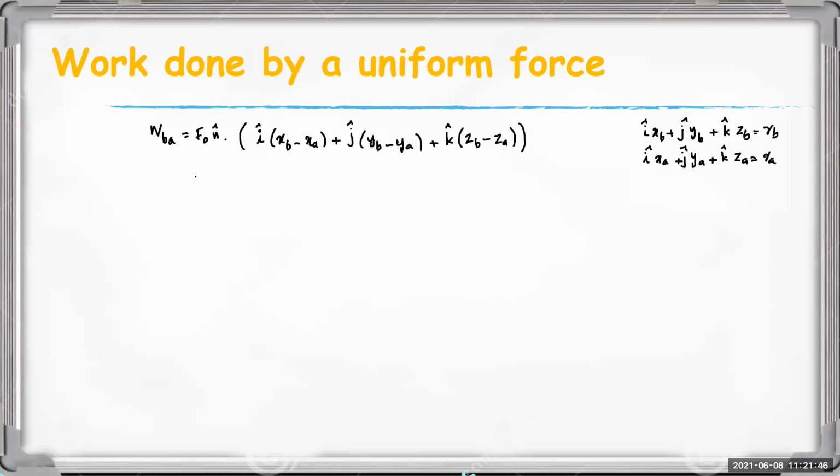Then we can write this as F0 n cap dot RB vector minus RA vector.